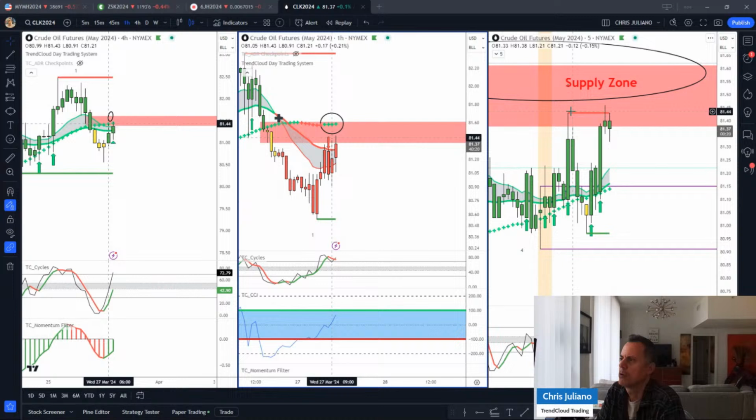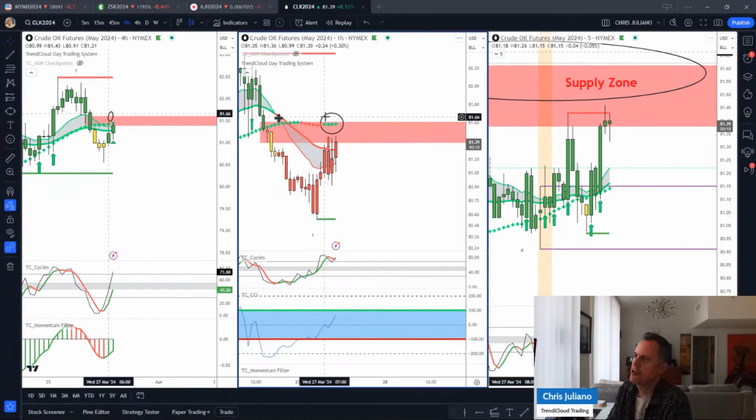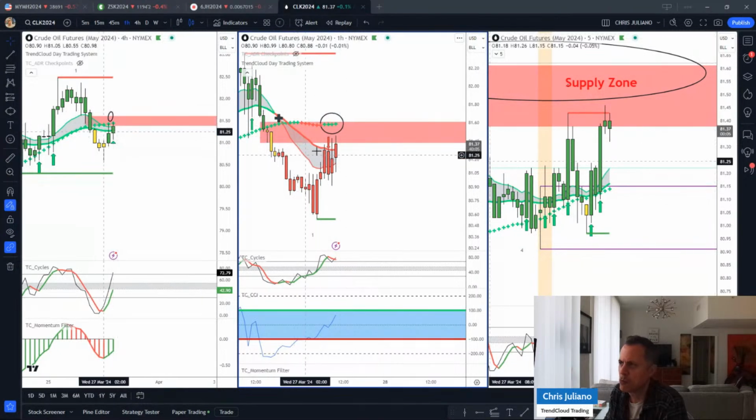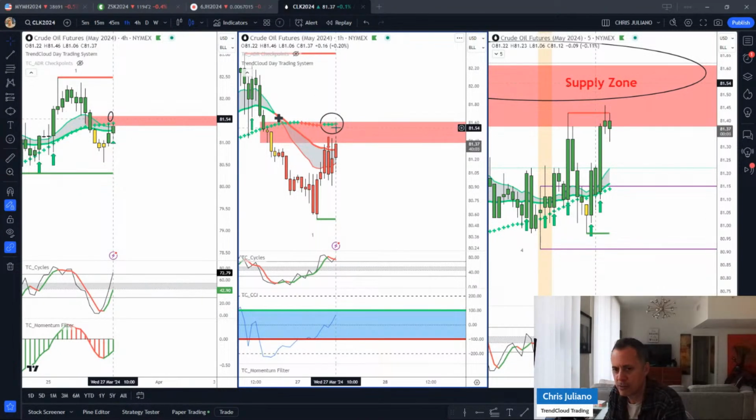Okay, so TrendCloud is letting us know, hey, trader, you might want to be careful here because we have enough information. Remember, this is just a mathematical equation. This is not a crystal ball.